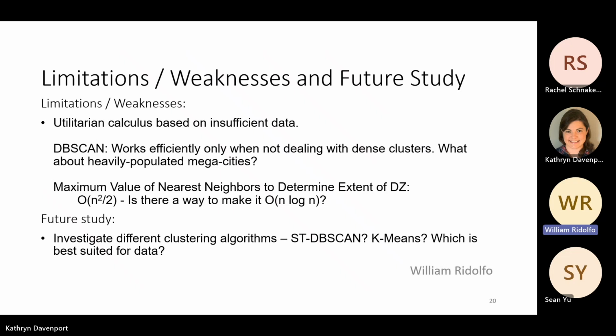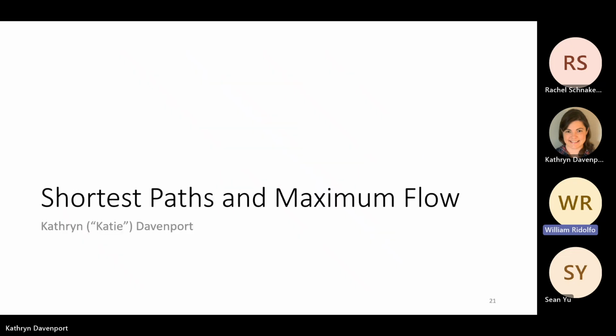So if you're dealing with a mega city like Tokyo or an area that has a lot of densely populated things, then this is not the right algorithm. The second issue was the maximized nearest neighbors algorithm. Is there a way to even streamline that further?